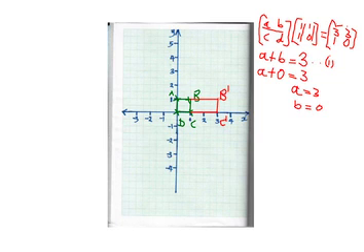Now if we want to get the values of C and D, we take the second row multiplied by the first column, which should give us the first y coordinate, which is 1. So we have C multiplied by 1, which is C, plus 1 multiplied by D, which is D, equals 1. Call that equation 1. Again, taking the second row multiplied by the second column, it should give us the second y coordinate, which is 0.